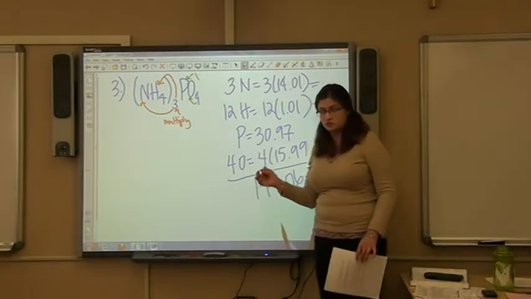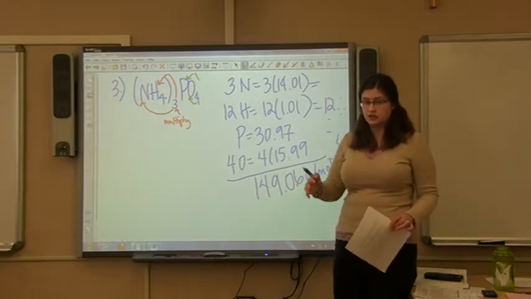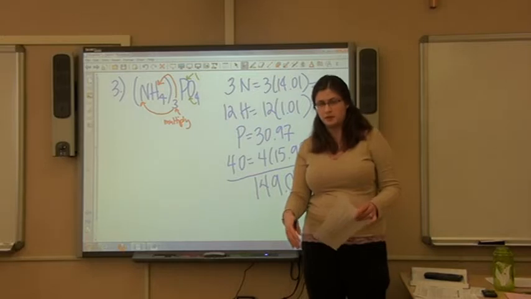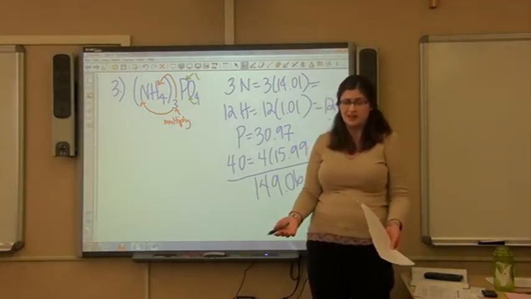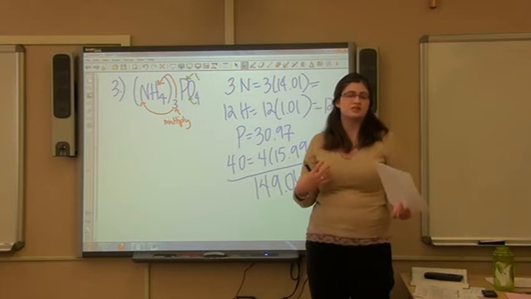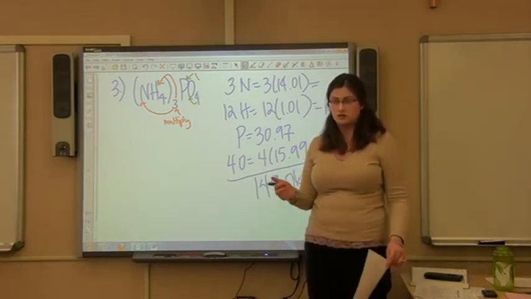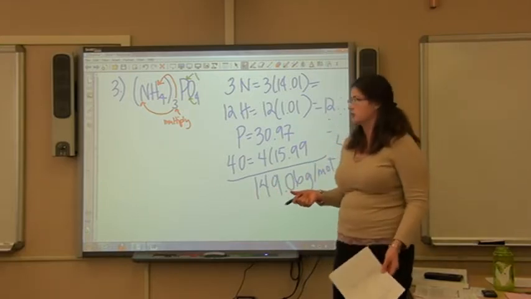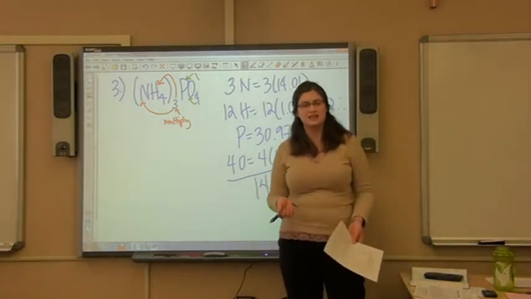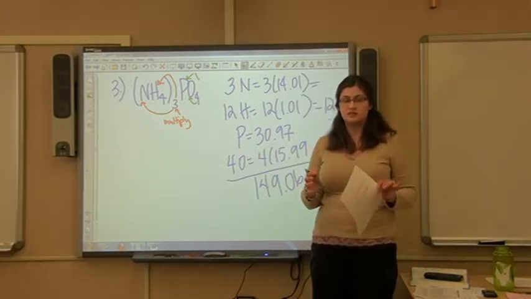I don't recommend doing it this way. There are a lot more places you can make a mistake in transferring numbers from your calculator to your paper, especially if you're tired or if it's late at night. Mistakes can happen, and then you're going to lose points for the whole problem if you're not showing your work and if you're just doing this on a piece of scrap paper. So if your calculator has the capability, I highly recommend practicing using the parenthesis key.